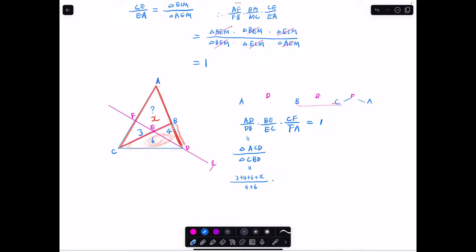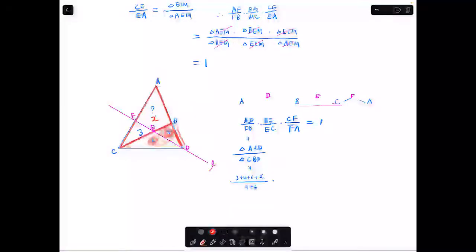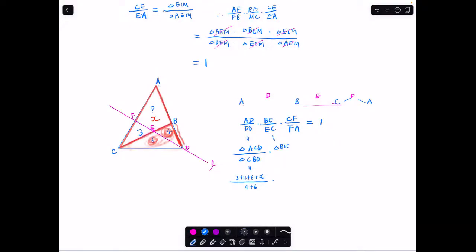Now, what is BE over EC? Here, BE over EC, we claim that this is the ratio of these two triangles. So this is equal to triangle BDE over triangle CDE. In other words, this is going to be 4 over 6.